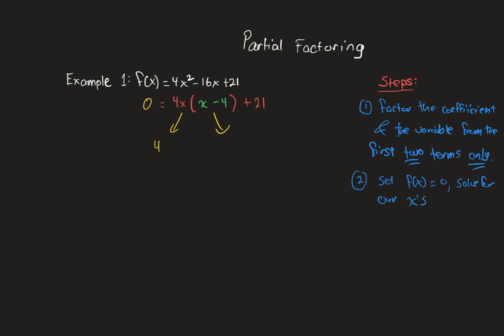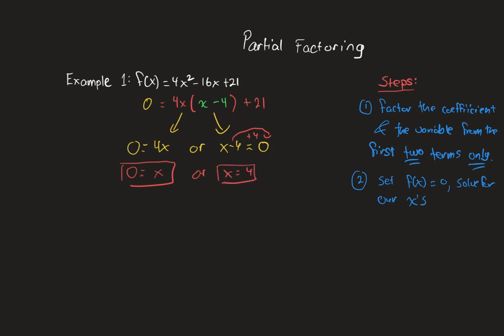So we're going to have 4x is equal to 0 or x minus 4 is equal to 0. So in this case, x is going to be 0. Or, if I move the minus 4 to the other side by adding it, x is going to be 4.